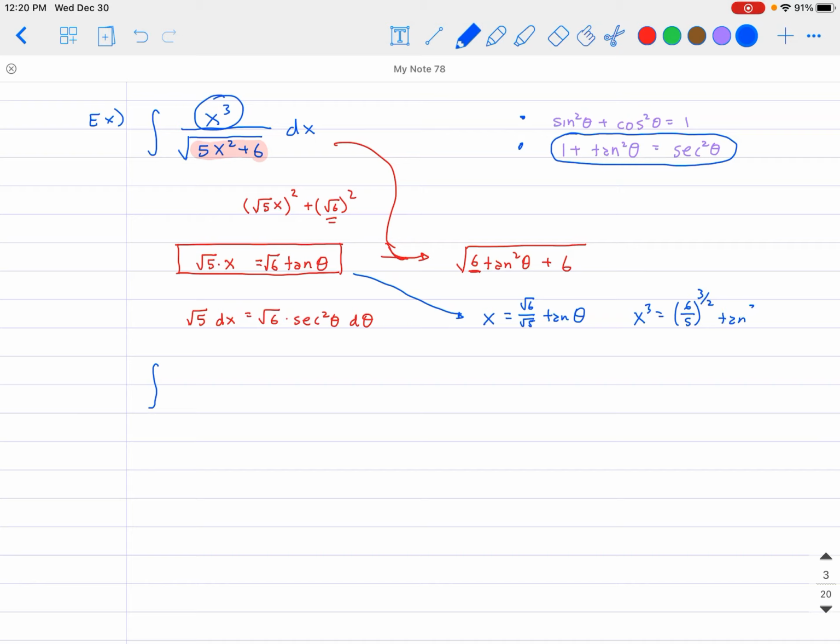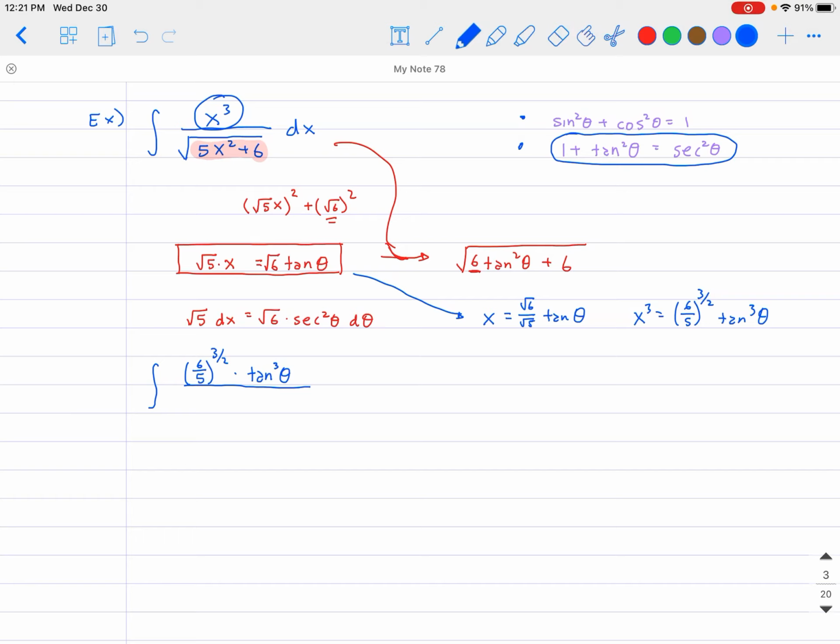And then we have the tangent cube of theta. So that's going to be on the top. So 6 over 5 raised to the power of 3/2 multiplied by the tangent cube of theta. And don't worry about that constant part. I know it's nasty, but worry more about the trig part to make sure things actually cancel out.